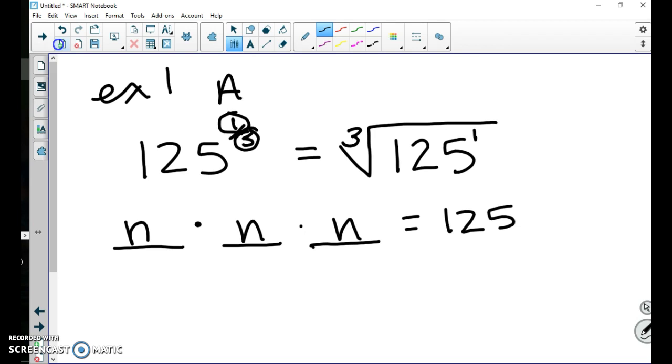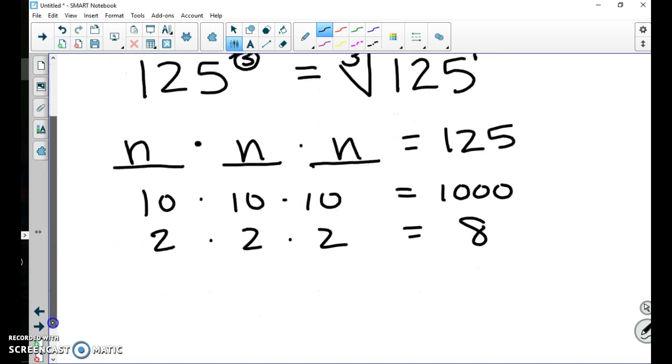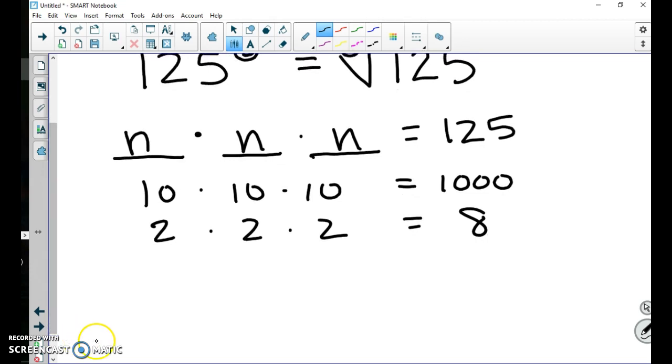So in order to do this, we want to think to ourselves, take an easy number, 10 times 10 times 10. 10 times 10 times 10 is 1,000. Way too high. 2 times 2 times 2, 8. Way too low. But the issue with these problems is powers grow very quickly.